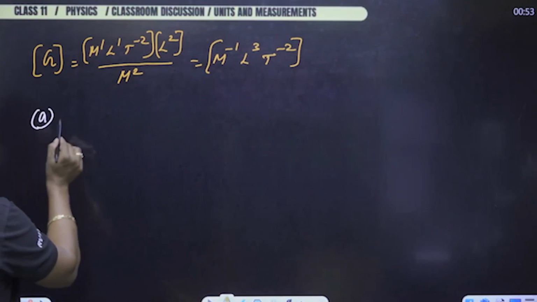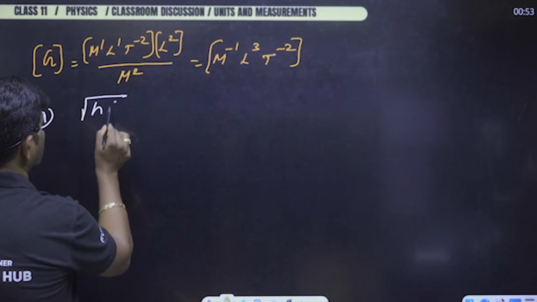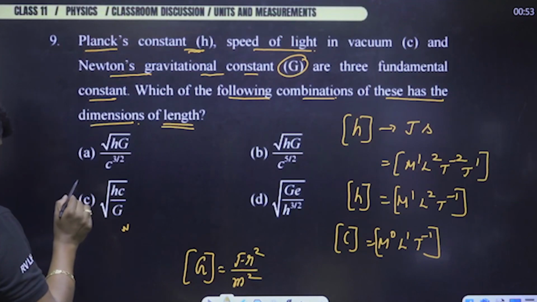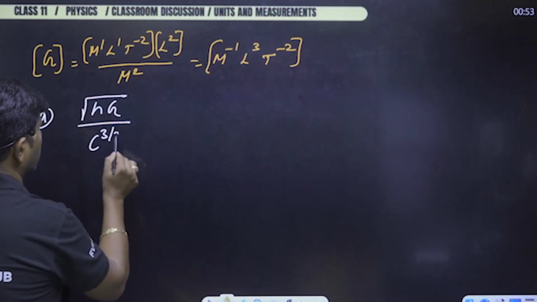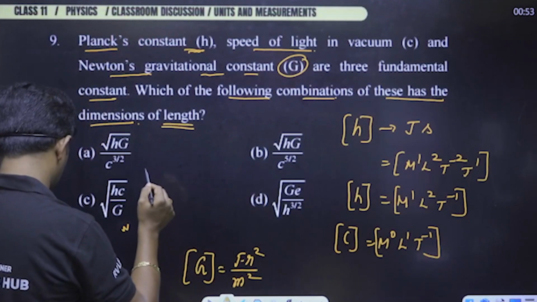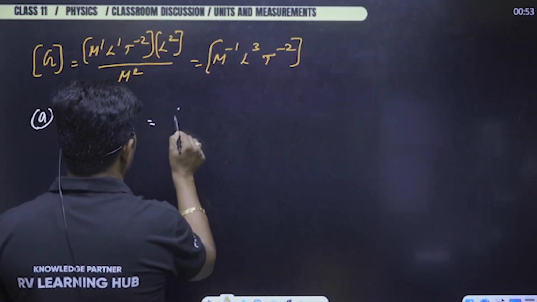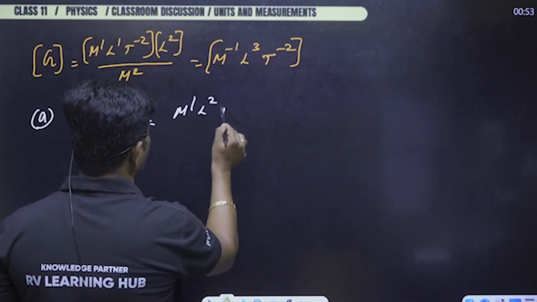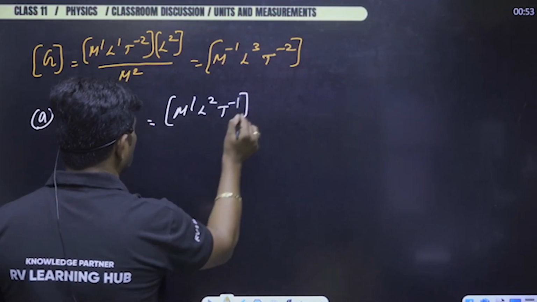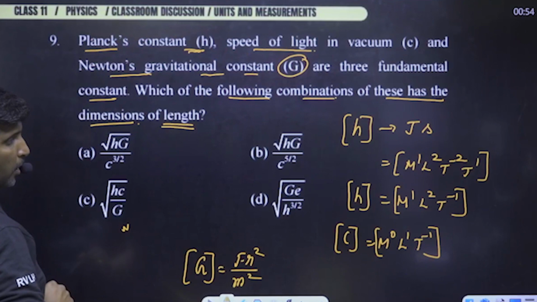See here, root h into G divided by c to the power of 3 by 2. Is it right? What is h here? h has the dimensional formula M power 1 L power 2 T power minus 1, whole to the power of 1 by 2, into what is the G value here?